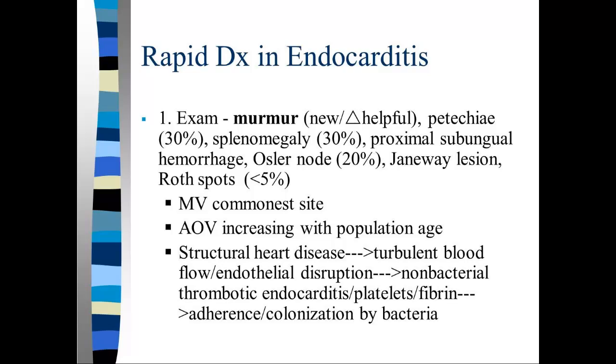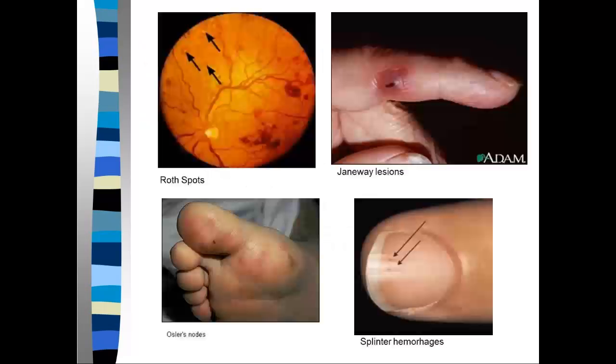Nowadays, of course, patients are diagnosed in an earlier phase, so we don't see them as often, and that's why documenting the presence of splenomegaly, Osler's nodes, or Janeway's lesions, or Roth spots, it's still important to document those things, but they're less common. But just to give you a refresher about these things, again, remember we look for Roth spots on the eye grounds.